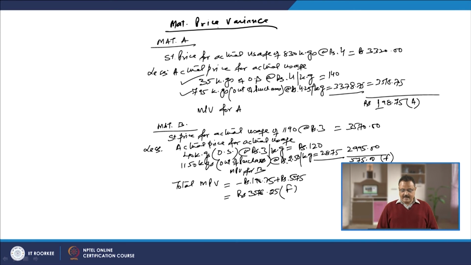So this becomes 1190. The total amount we have used is 2020 kgs, so the two weights are different.